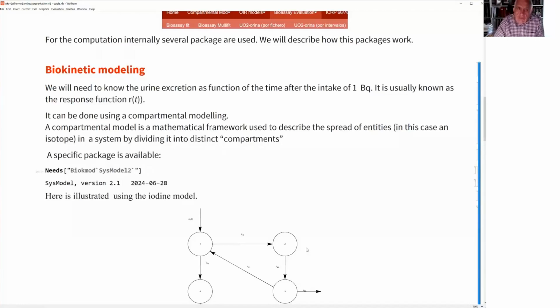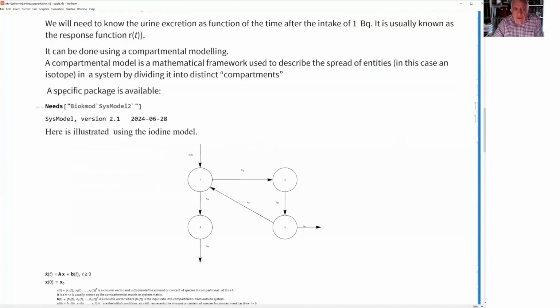It can be done using compartment modeling. A compartment model is a mathematical framework used to describe the spread of entities, in this case an isotope, in a system by dividing it into distinct compartments. And we have developed a specific package with this purpose.